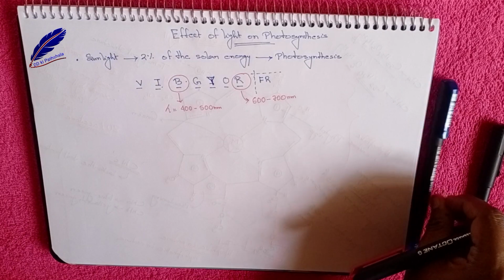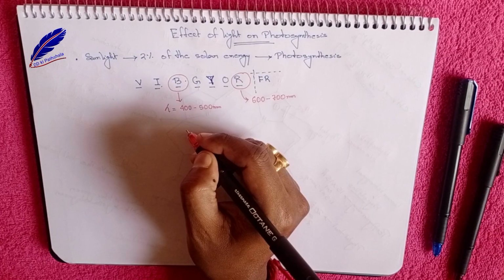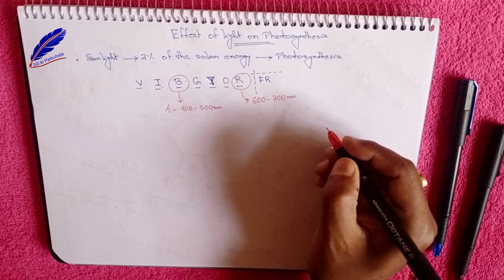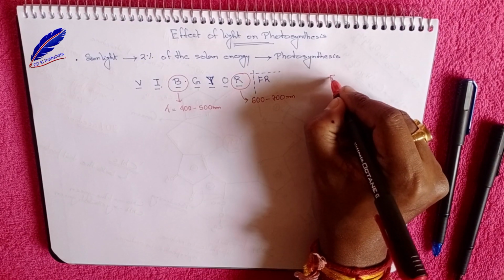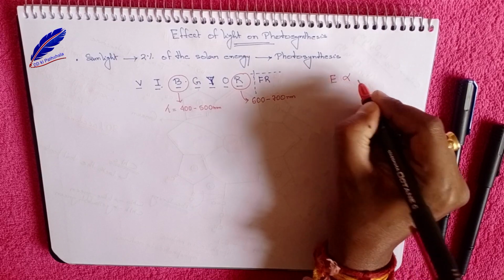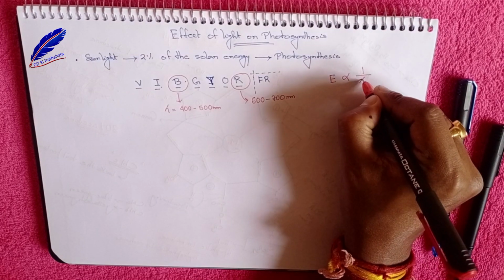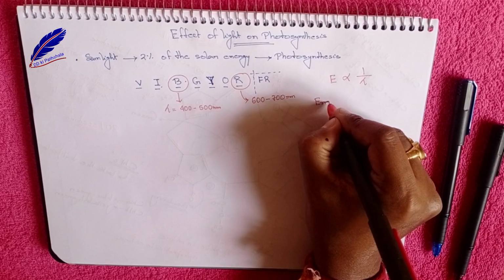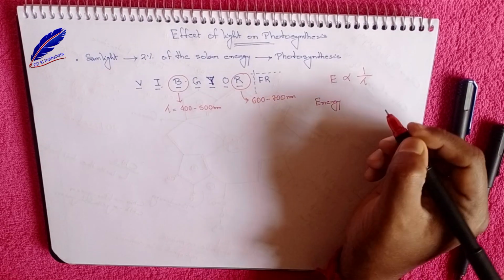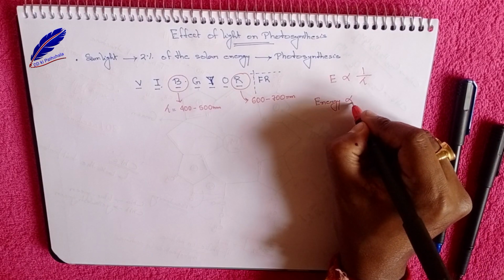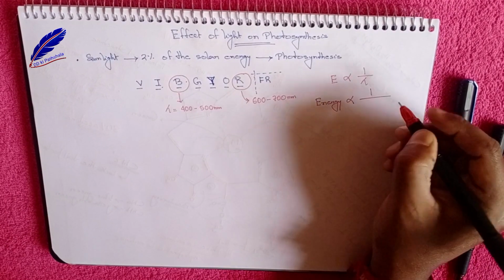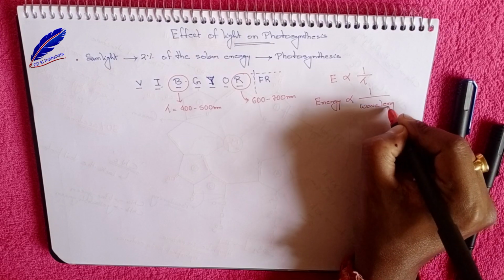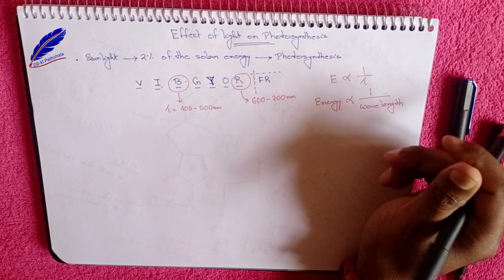Now, if we recall the general formula of physics, E is proportional to 1 by lambda, where E is the energy and lambda signifies wavelength. That is, energy is inversely proportional to wavelength.